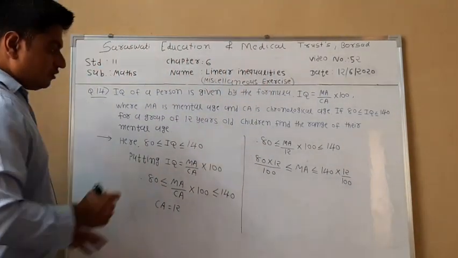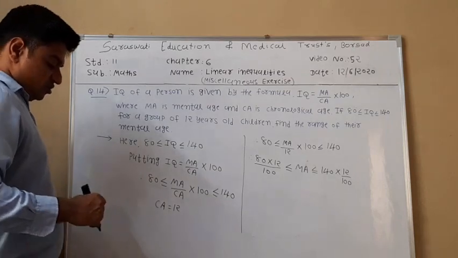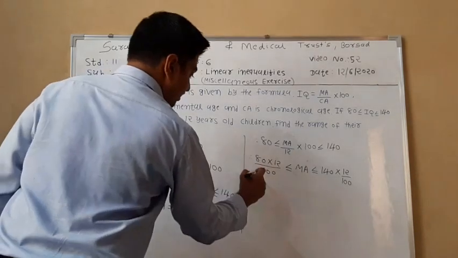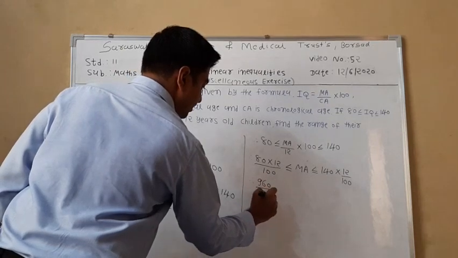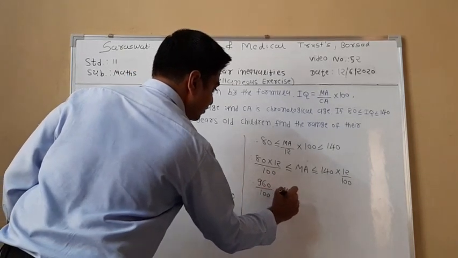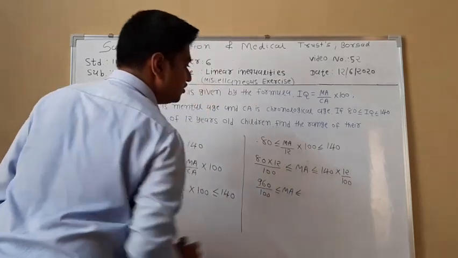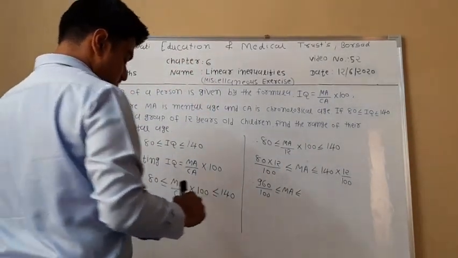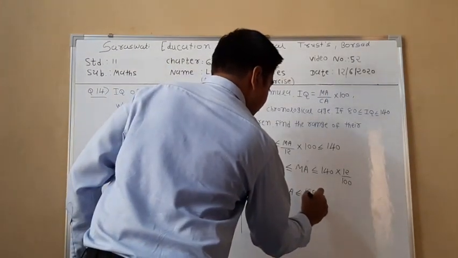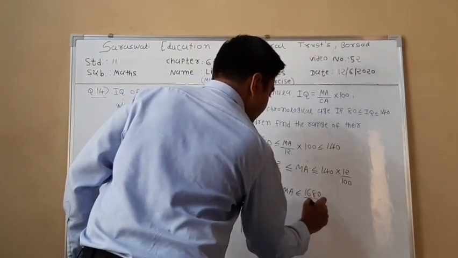Now after simplifying this term, here 12 into 80, that means 960 divided by 100 less than equal to MA less than equal to 140 multiply 12, that means 1680 divided by 100.